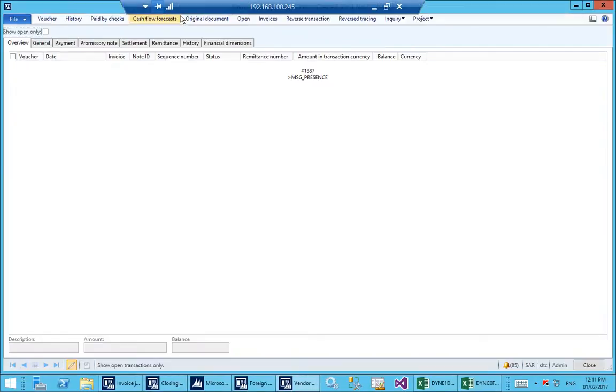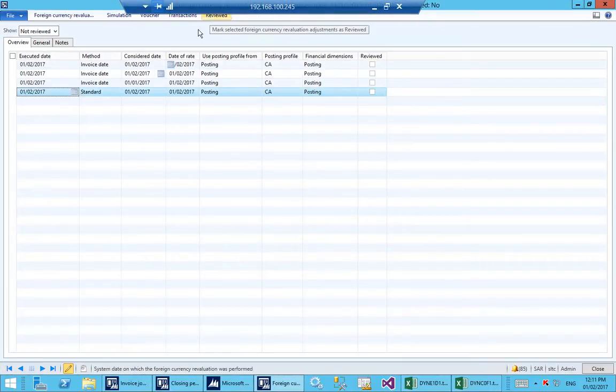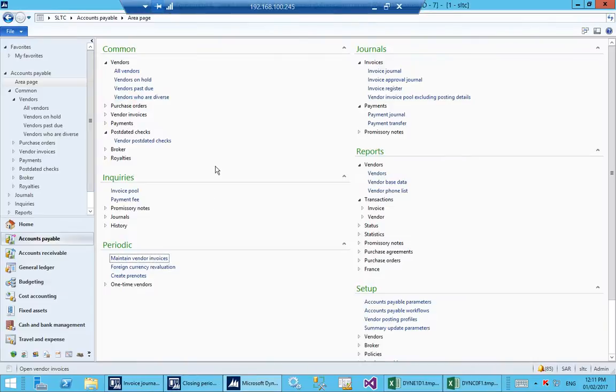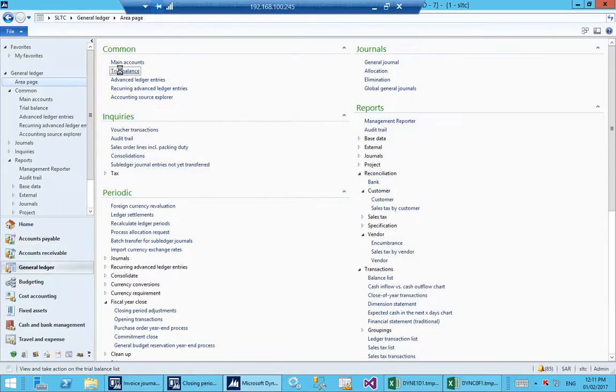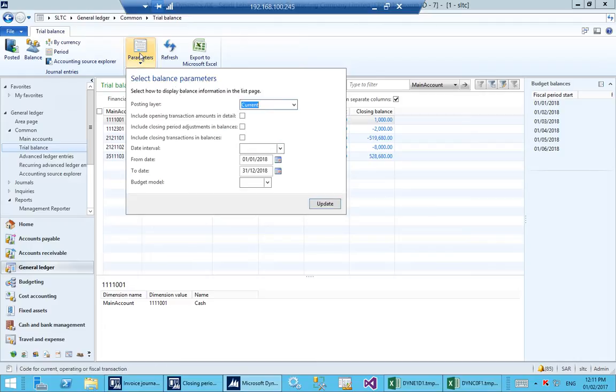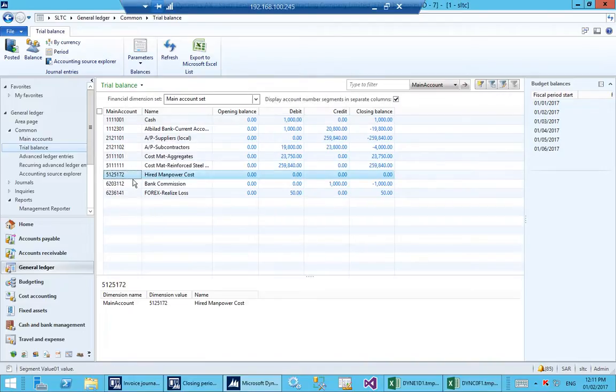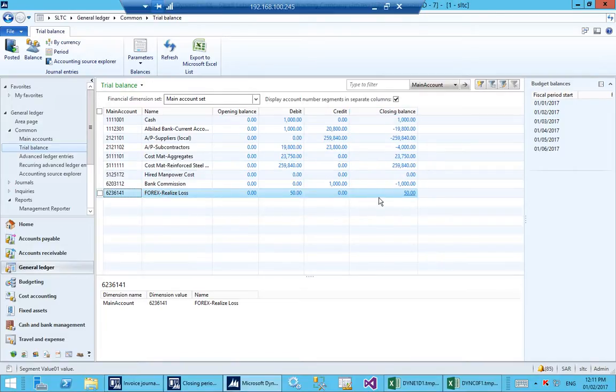See this calculated forex realized loss. I think this is the time you generate it. Can you see the transaction in this account? Posted.